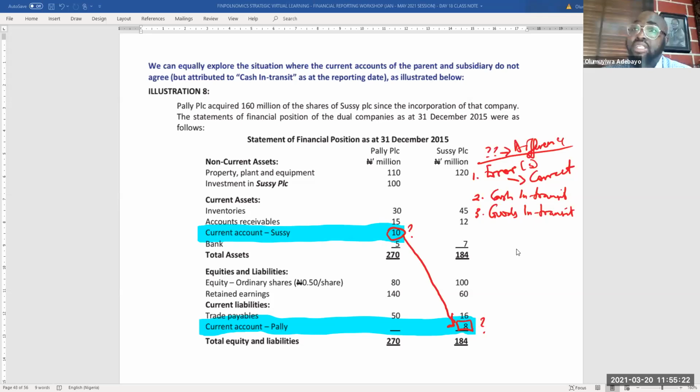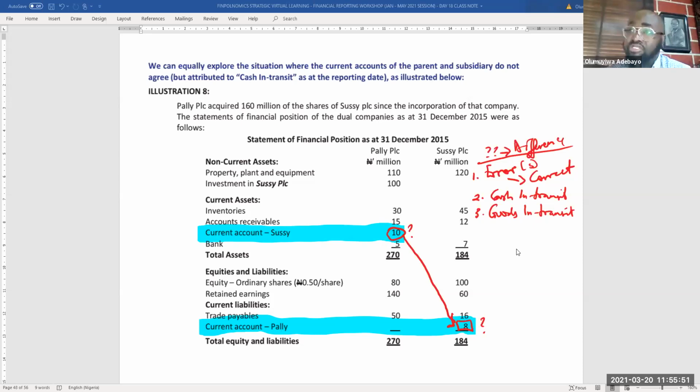Therefore, as at the end of the year, you will have reduced your payable to your subsidiary, while your subsidiary would not have done so with respect to the receivable from you. Why? Because it has not come in. And if the money came in on 2nd of January, it can never be backdated to December, because cash is what was present in your hands, whether by way of bank balance or physical cash.